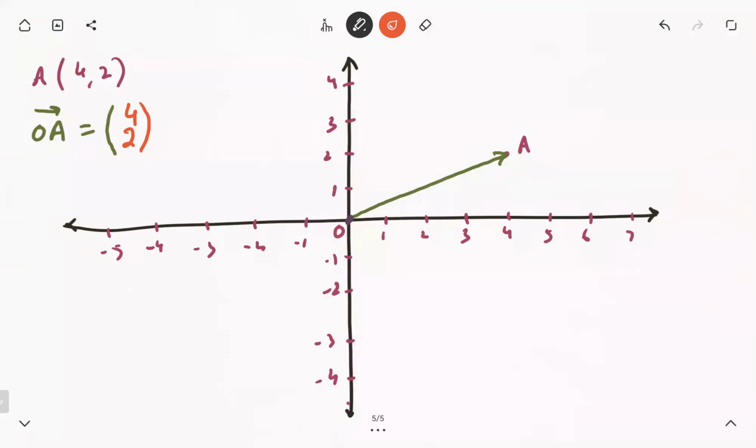If I write another vector, another point B, say the coordinates of point B are -3, 1. If I label the point B -3, 1, so -3, 1 is the point B.